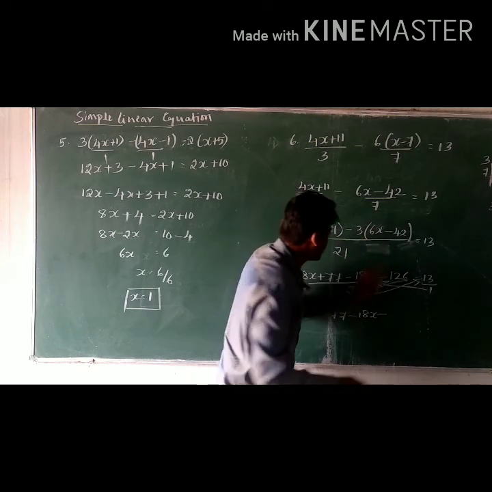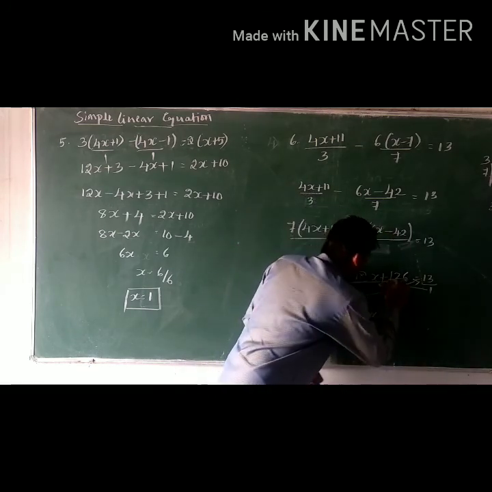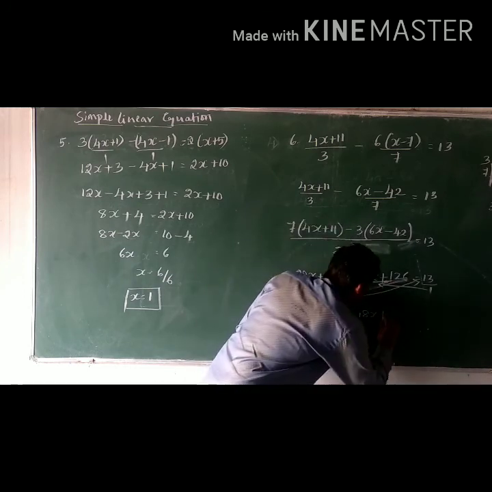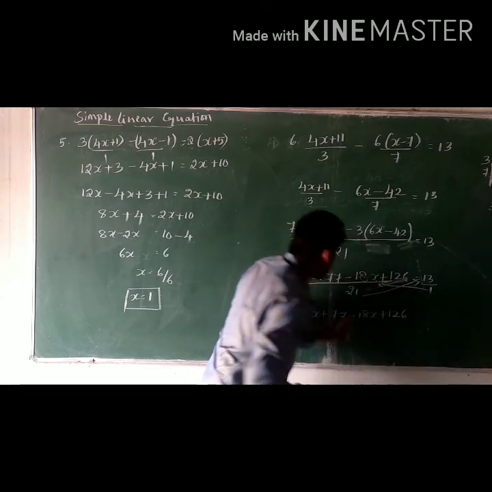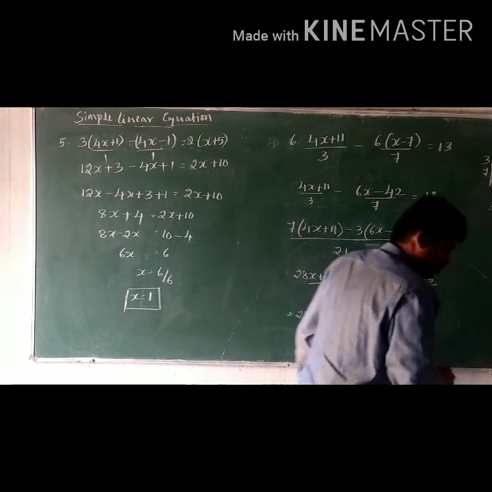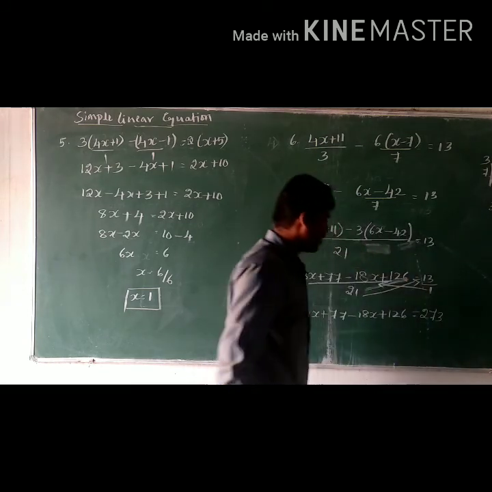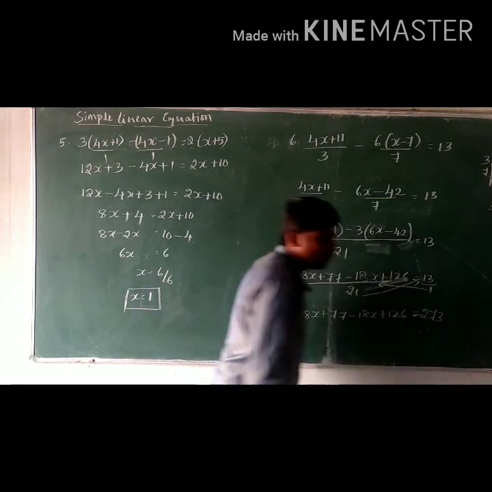Okay, sorry, minus to minus you get the plus, now you get plus 126. Now 21 into 30, we are going to multiply, and we get 273. The 273 value we are getting.